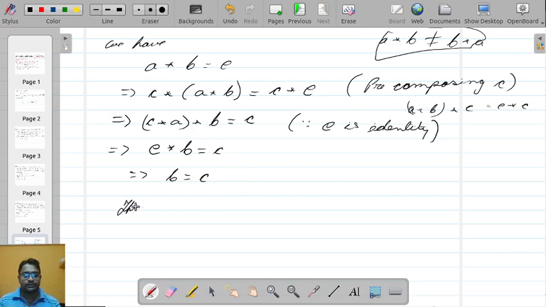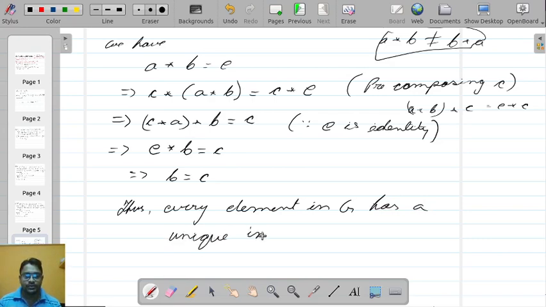Thus every element in G has a unique inverse. There is only one element which satisfies this.